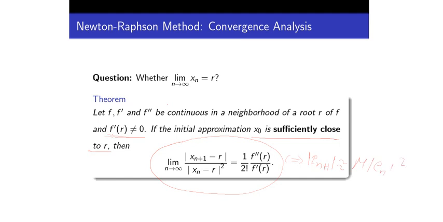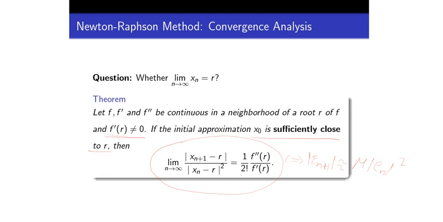Here the convergence is quadratic. If the method converges, it converges quadratically, which means you require only a few steps to achieve the root if it converges.